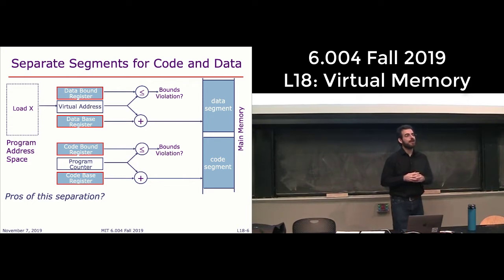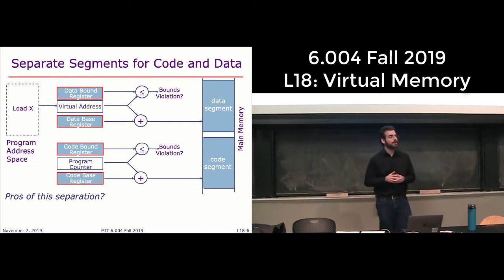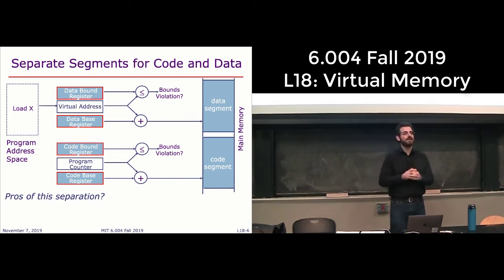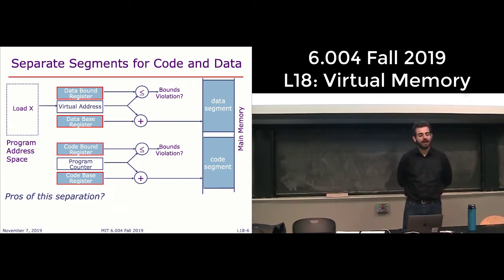You might have stumbled upon this in lab 2 or in lab 1, where you were writing assembly, and if you messed up the address of a store, it was possible to overwrite the code, which would lead to all sorts of weird behavior, because now the instruction that should be there is not there. There's some garbage data, and so the processor will start misbehaving because you've overwritten some of your code, right?